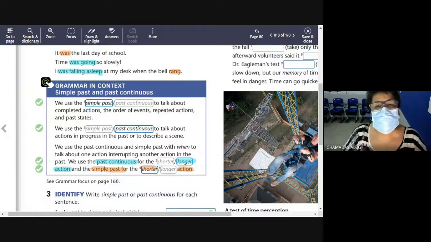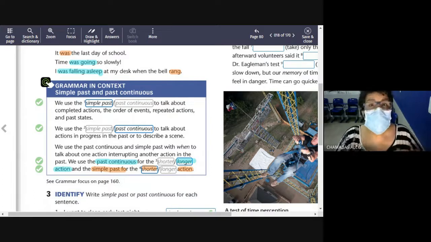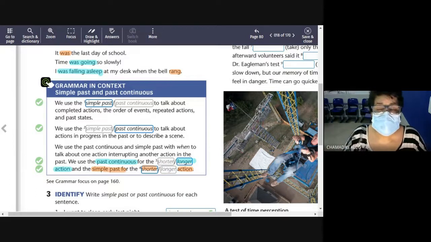So we usually divide time into those three moments: present, which is now; past, which is gone, it's over; and future, which is tomorrow. We don't know, right? So we kind of navigate in time.